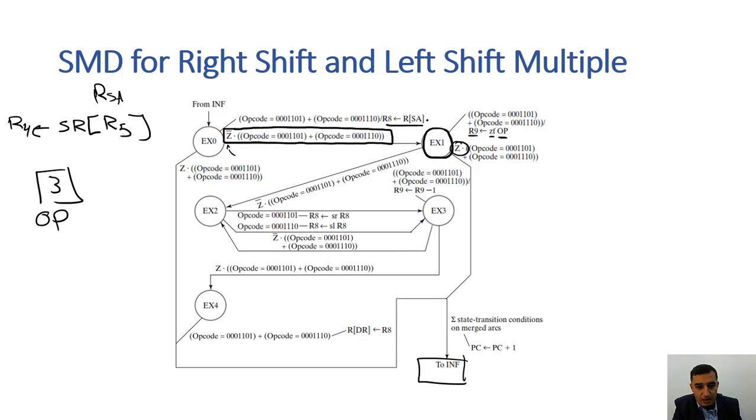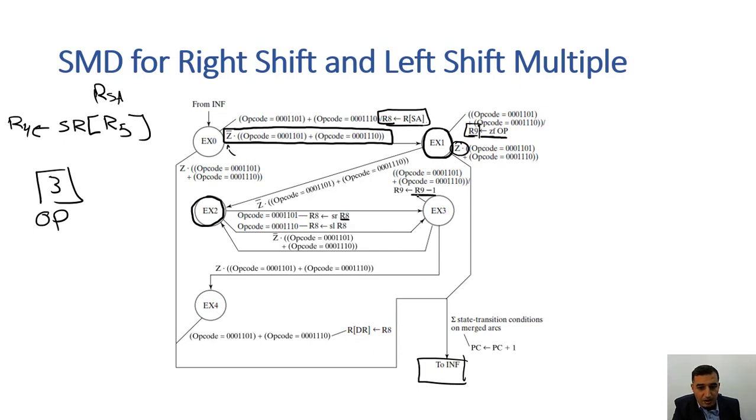First of all, I am going to check: is RSA equal to 0? If yes, no need to do anything. If no, check: is the Z flag equal to 0? If yes, exit. If no, go to execution number 2. In execution number 2, we are going to shift right R8 because we moved RSA into R8, and then decrement R9 because it contains our operand.